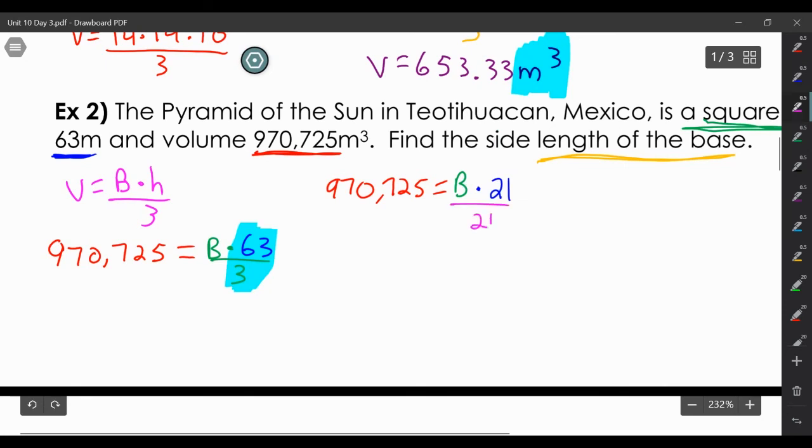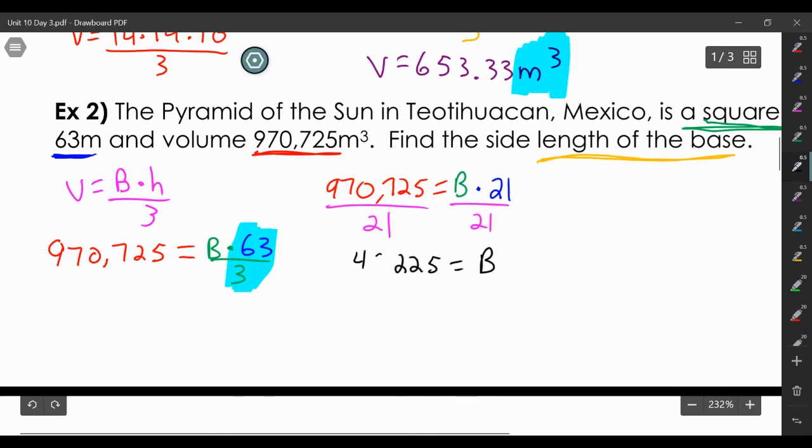Then divide both sides by 21. And we will get 46,225 equals the area of the base.